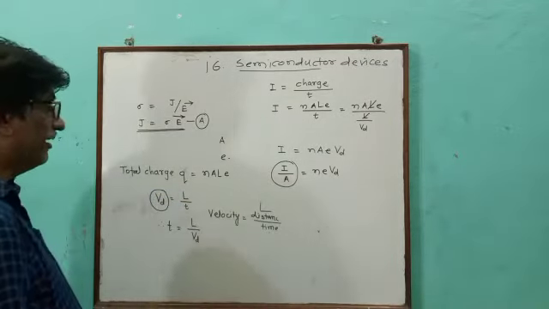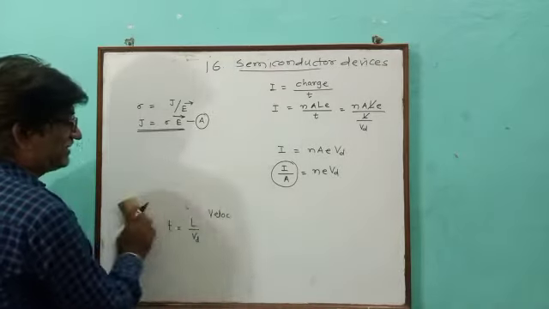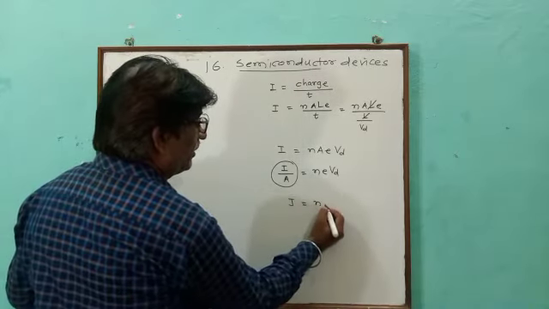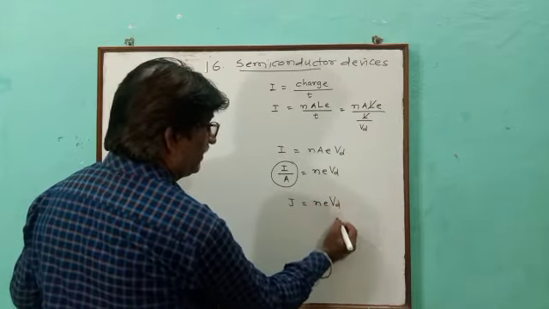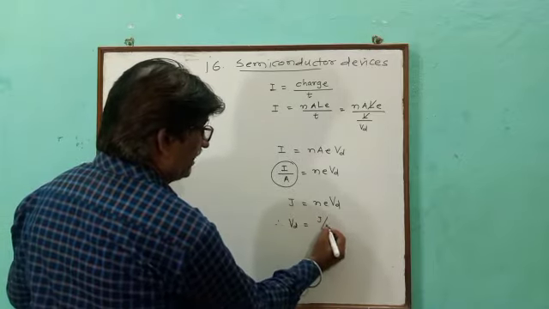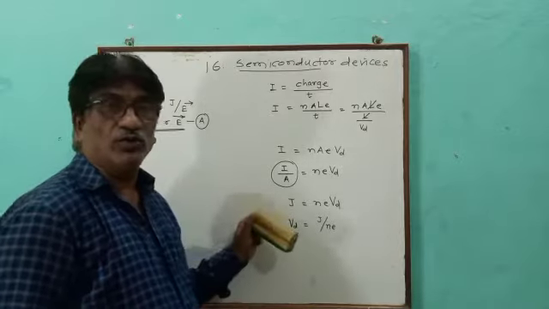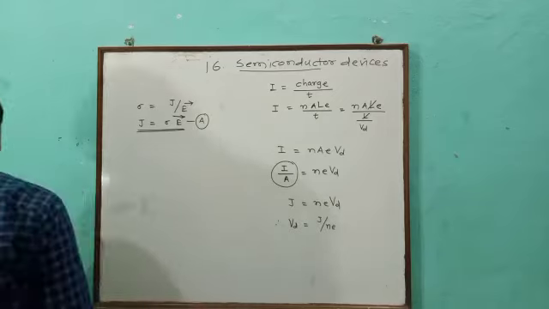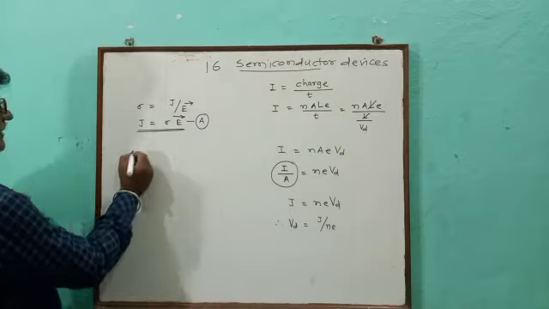Current upon area is the current density, represented as J. So J is equal to N e Vd, and therefore Vd is equal to J upon N e. This is the drift velocity.